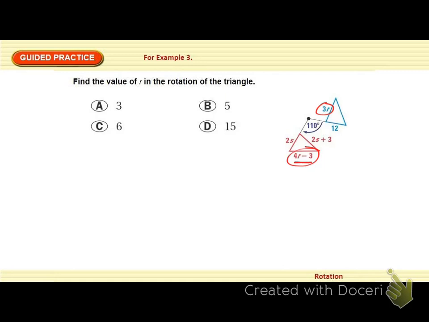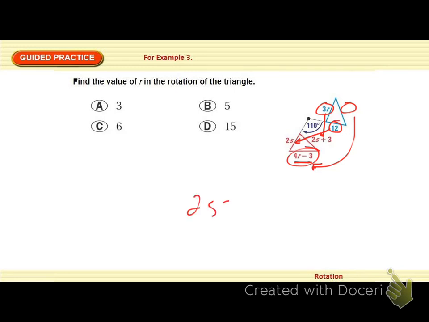This 4r minus 3 side is going to come from this side. So this guy, well, we're rotating the other way, rotates to here. This side backs itself up to here, which means that this side maps to there. So we've got some equations to write.